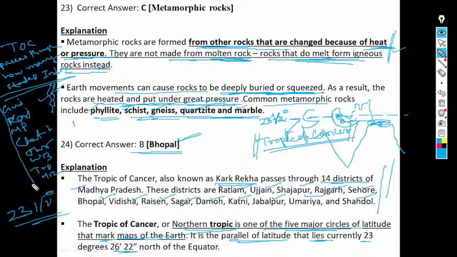So the total number is 1, 2, 3, 4, 5, 6, 7, 8. These are the 8 states where the Tropic of Cancer passes through mainly.